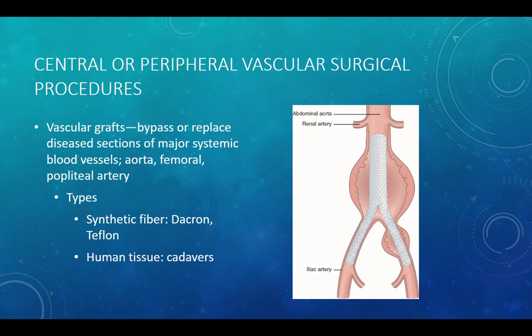Then we have the vascular surgical procedures of the periphery. Vascular grafts bypass or replace diseased sections of major systemic vessels: aorta, femoral, and popliteal arteries. They use human tissue from cadavers, or these days the synthetic fibers Dacron or Teflon. I've seen lower aortic repairs below the renal arteries, and they do quite well.